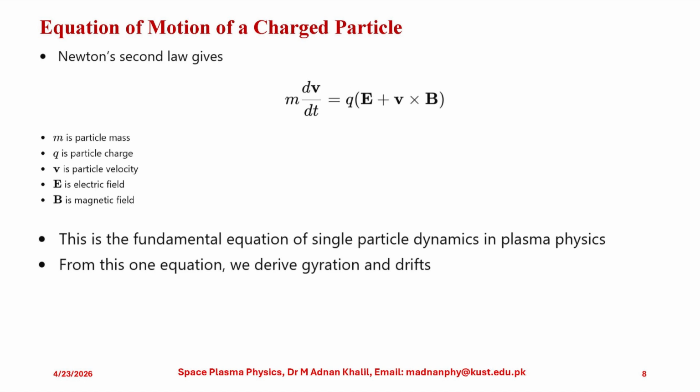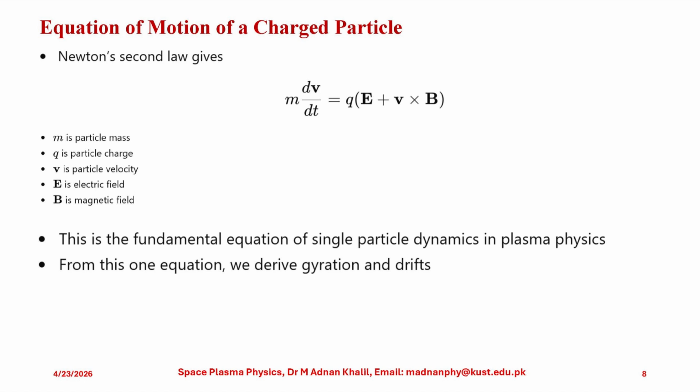The equation of motion of a charged particle is obtained by applying Newton's second law to the total electromagnetic force. The result is mass times dV by dt equals charge times the quantity E plus V cross B. In symbols, m dV/dt equals Q times (E plus V cross B). Each symbol has a clear physical meaning.